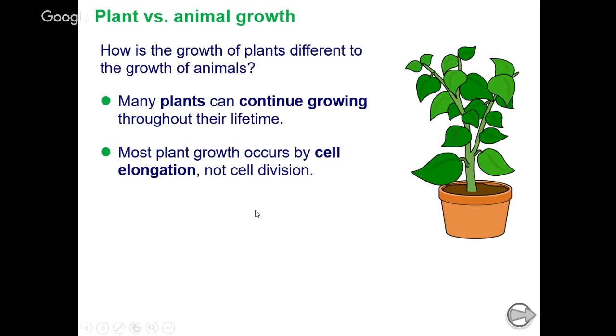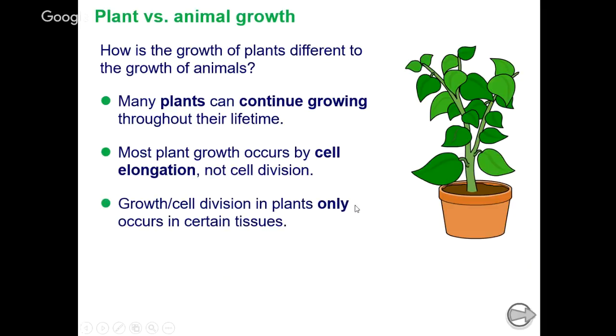And the main way they actually increase in size after the cells are divided is that the cells elongate. The cells themselves become bigger. It normally means that they actually become longer.